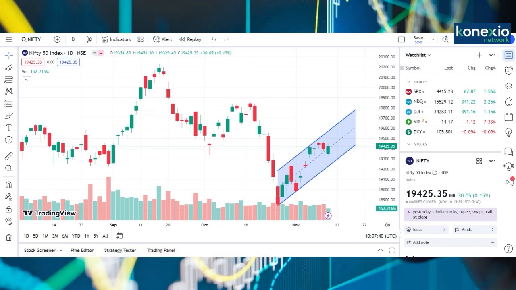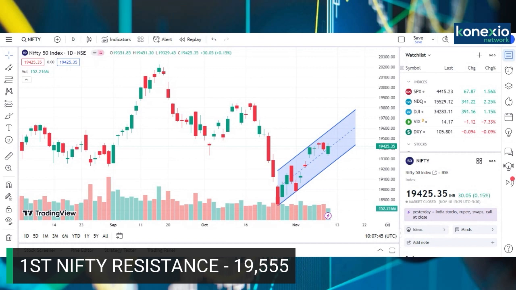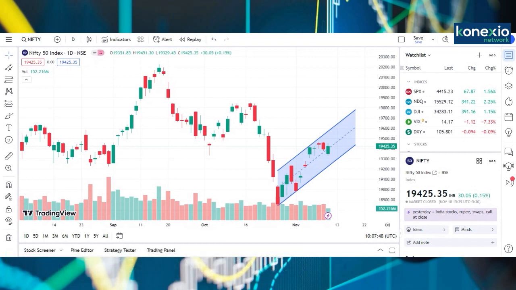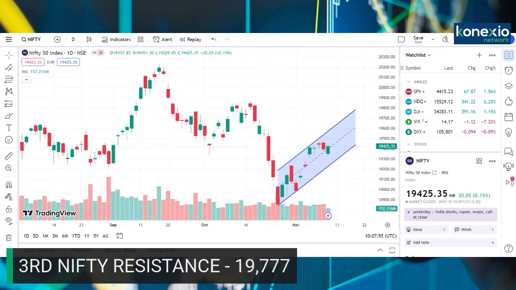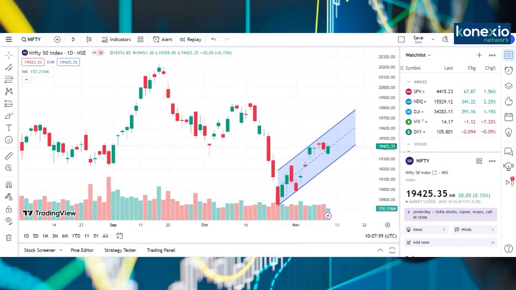Whereas on the upside, the first resistance is placed at 19,555. Above that, the second resistance is placed at 19,635, and above that, the final resistance for the week is around 19,777. These are the important support and resistance levels in Nifty for the next week.